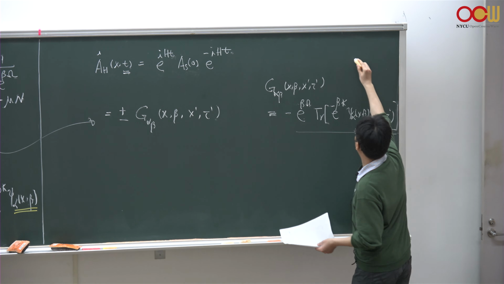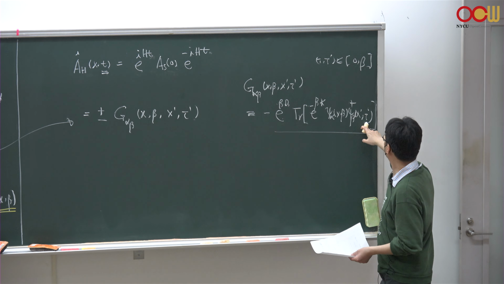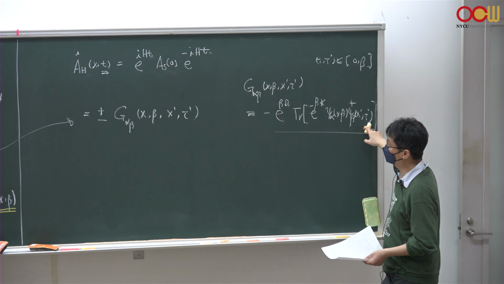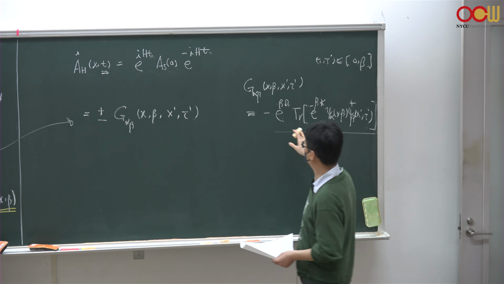Since tau and tau prime are within this range of 0 and beta, where beta is the largest imaginary time you could have in this problem, tau prime is less than beta. So beta is larger than tau prime, and then we could simply use this definition right here. Therefore, there's an extra minus sign right here.